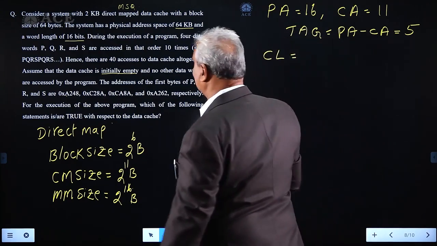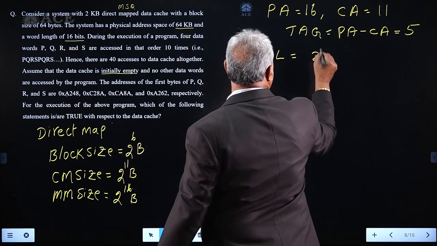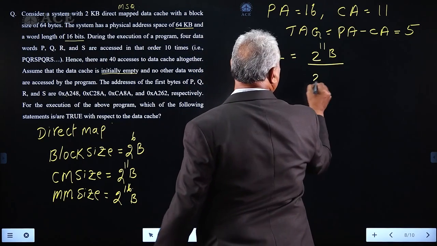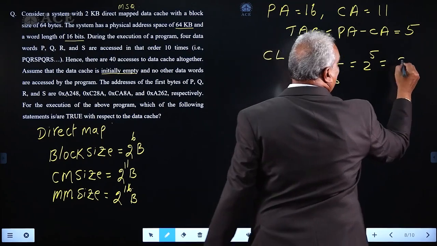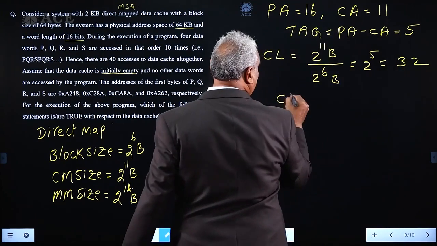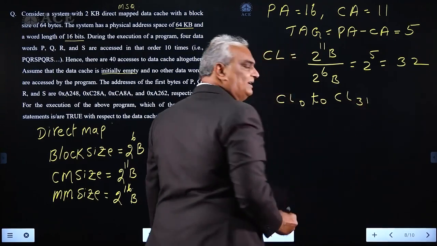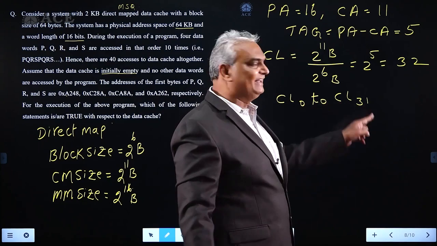Number of cache lines is cache memory size 2 power 11 bytes by block size 2 power 6 bytes, nothing but 2 power 5, which means 32: CL0 to CL31. CL means cache line. Starting number is 0, ending number is 31.